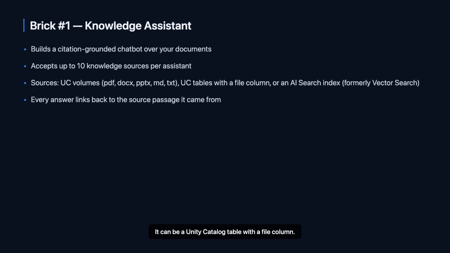It can be a Unity catalog table with a file column, or it can be a Databricks AI search index, which is the current Amazon Web Services name for what used to be called Mosaic AI Vector Search. Whichever source the answer came from, the chatbot links back to the specific passage. That's the citation grounding piece.